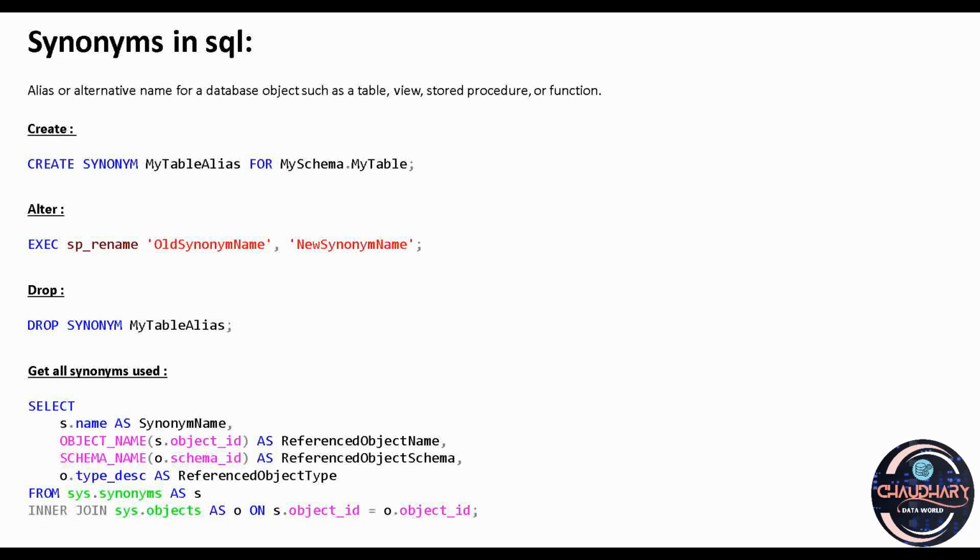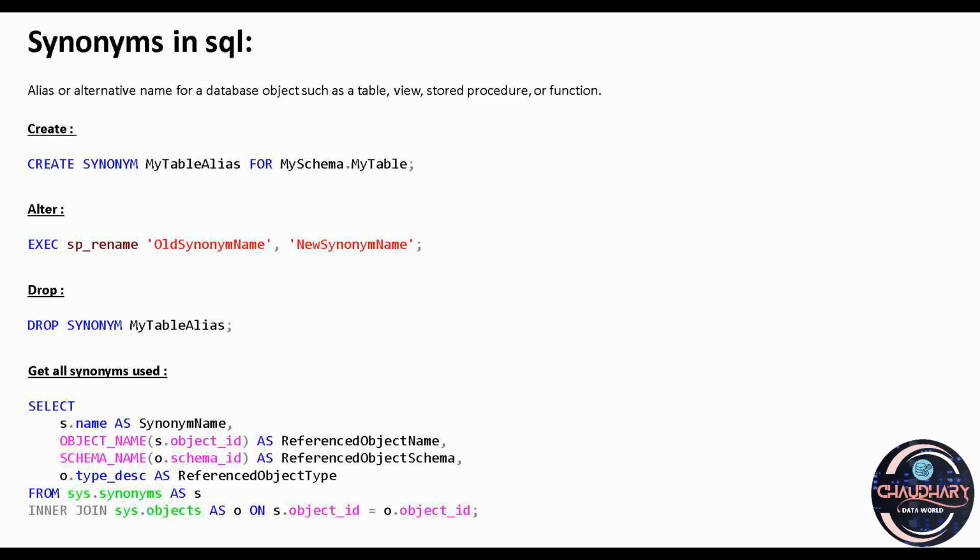This particular query will give you all the synonyms used in a particular database against all the database objects present in your whole database. It is very simple. You can just type it down, put whatever synonym you want here, and execute it with respect to that particular database. Your synonyms will be pulled out. I will show you in a practical scenario also.